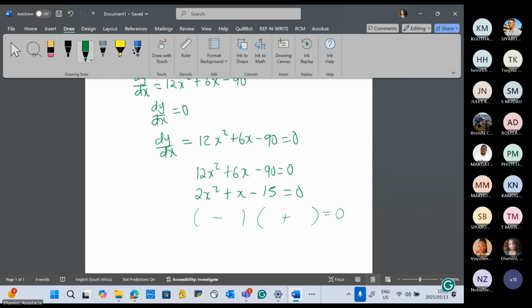Then it should be x plus 5 and 2x minus 3. Are we all okay with the way of factorization?